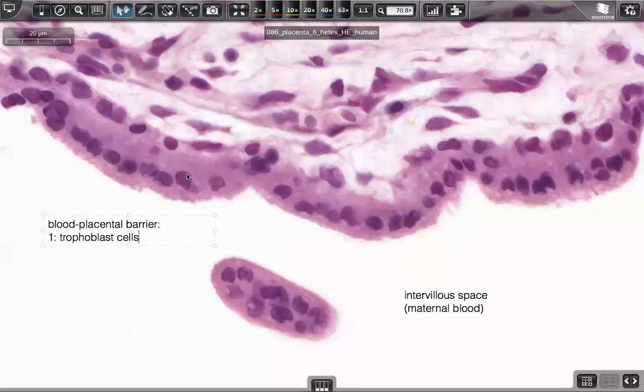So trophoblast cells. Then the second layer is the lamina basalis of the trophoblast cells.